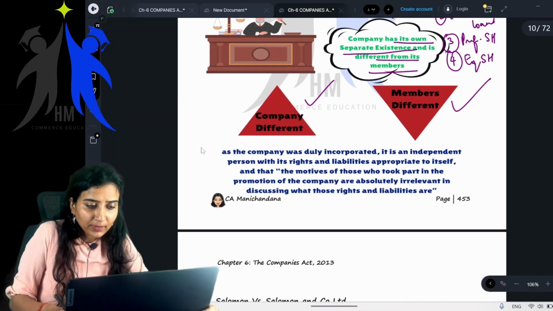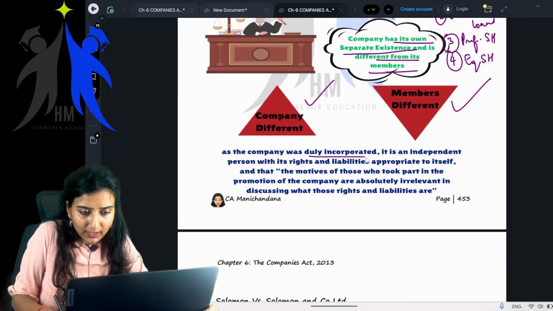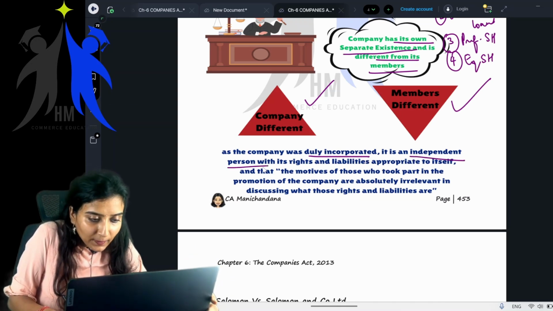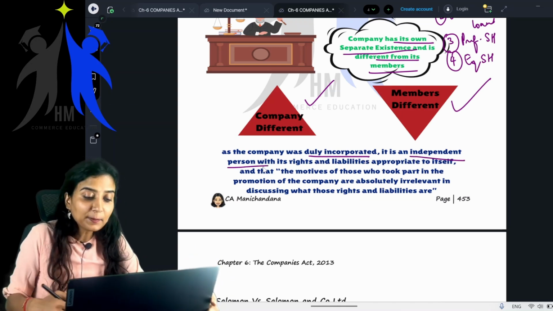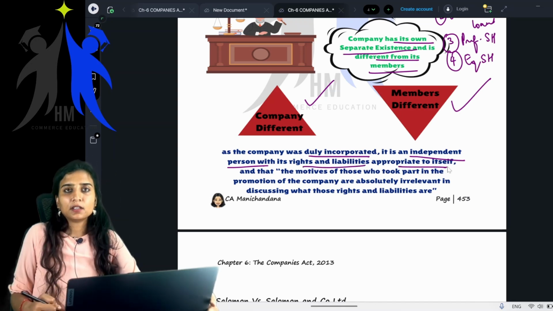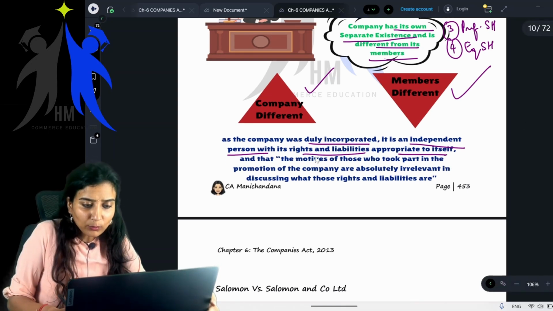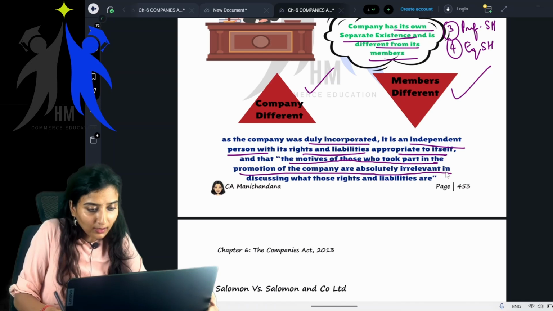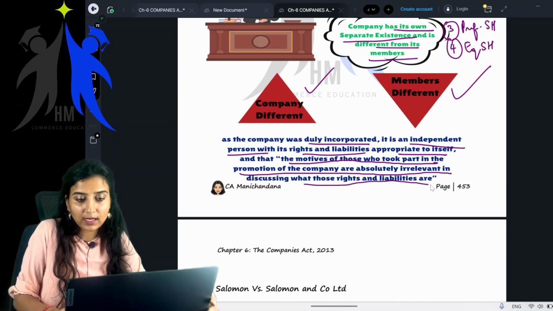See, as the company was duly incorporated, meaning it was correctly incorporated, it is an independent person with its rights and liabilities appropriate to itself. And the motives of those who took part in the promotion of the company are absolutely irrelevant in discussing what those rights and liabilities are.